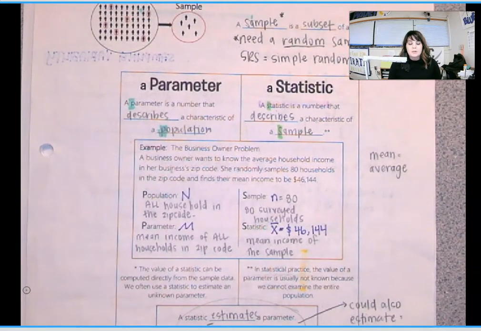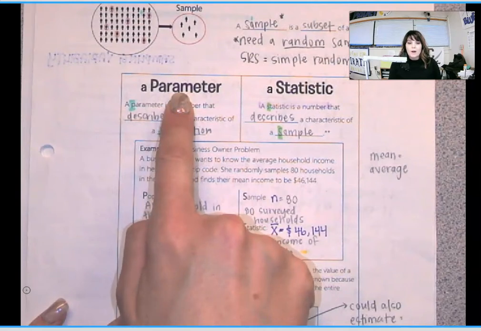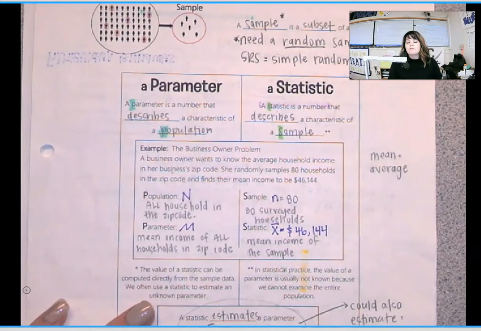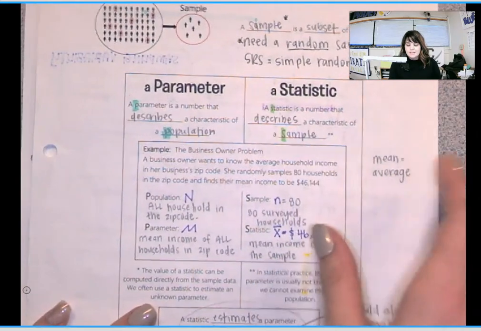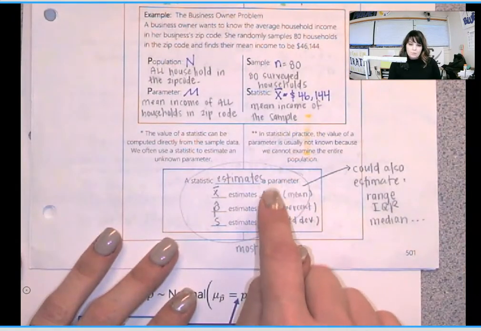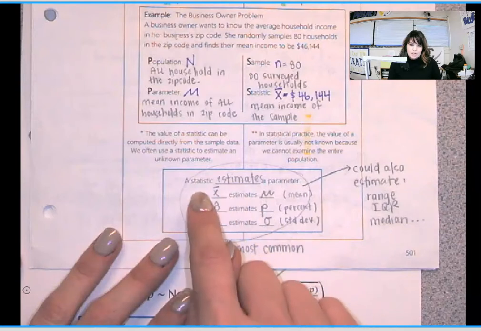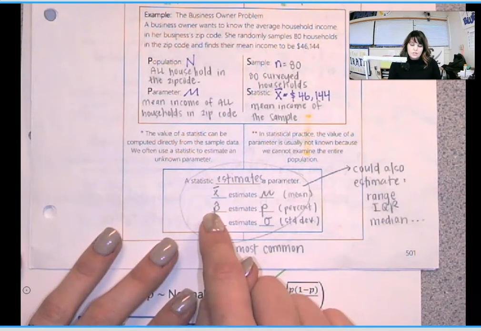If it's coming from a population, we refer to it as a parameter. If it's coming from a sample, we refer to it as a statistic. So this column underneath the word parameter are your parameters, and this column underneath the word statistic are your statistics.